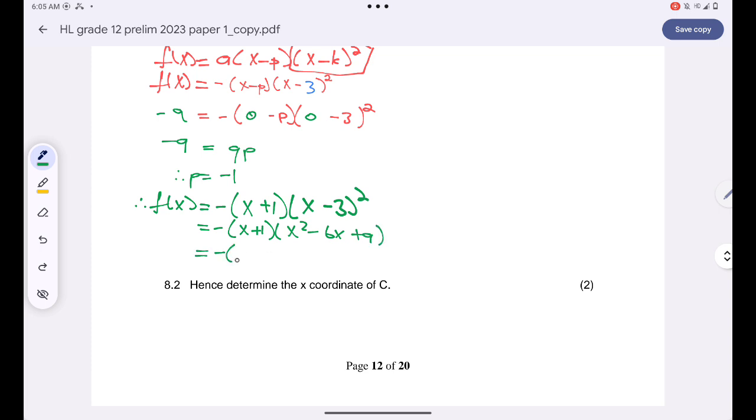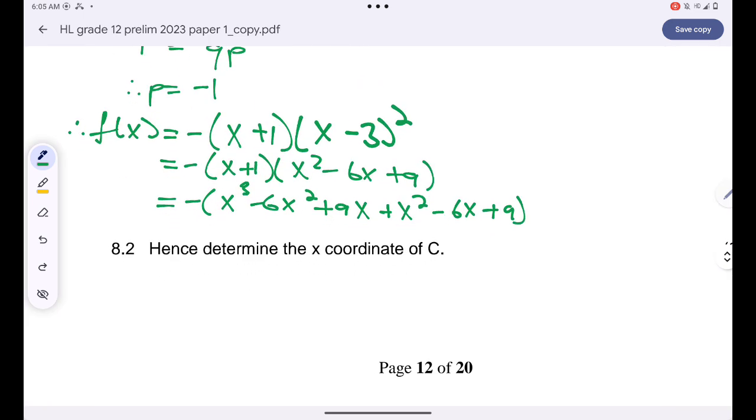Then I'll have -x cubed, -6x squared plus 9x, and then positive x squared minus 6x plus 9. Are we together?